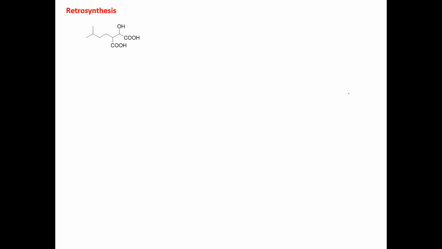Let's say that you want to do something like that. You have a 1-3 relationship between the carbonyl of the carboxylic groups, and you have a 1-2 relationship between one carboxylic group and the hydroxyl.